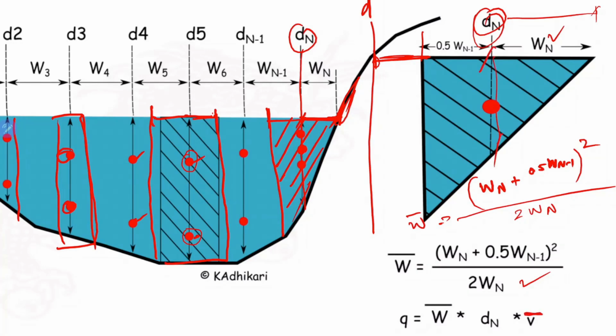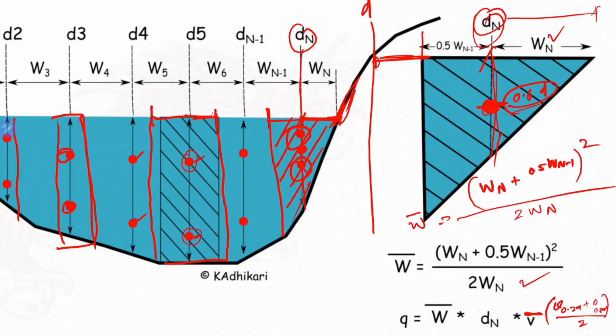Now the average velocity: if only one point is measured at 0.6d, then you take that one. Usually it is very shallow, and usually only one point is taken. If two points are taken, like in this case, you can use the velocity at 0.2d plus the velocity at 0.8d divided by 2, instead of one.